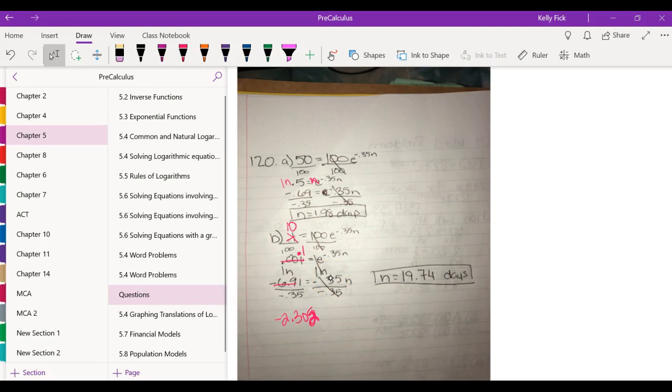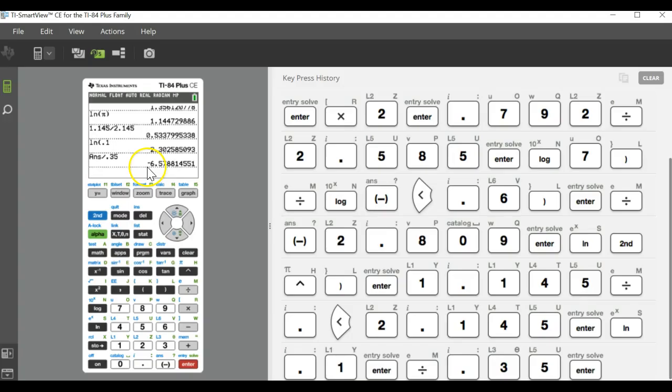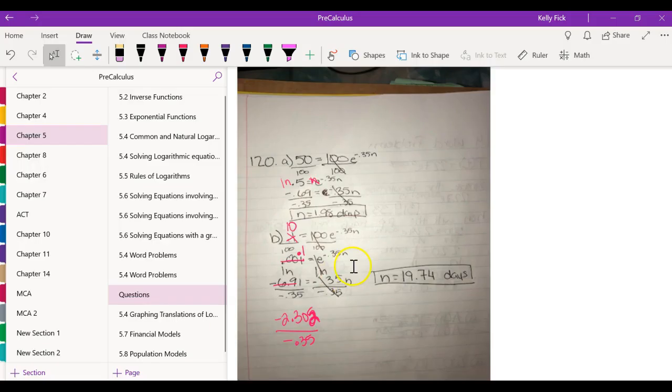And then you would divide by the negative 0.35, to get negative 6.579 as our actual answer. So this answer is wrong because, again, you have to plug in 10 instead of 0.1.